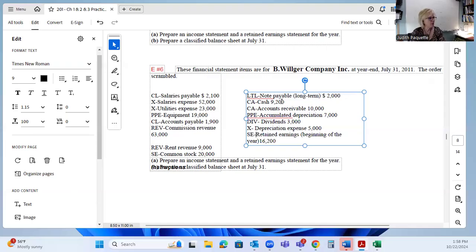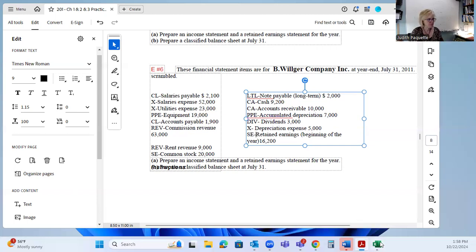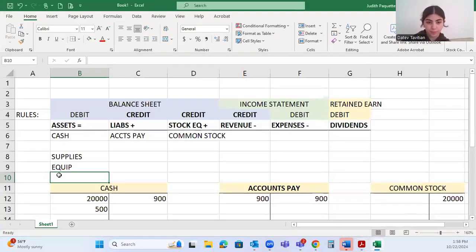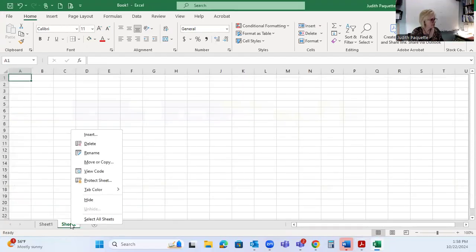Now, we're not making a balance sheet. We're making a trial balance, or actually we're making balance sheets, but let's make a trial balance first, because that's what you asked. All right, so let's do a trial balance.